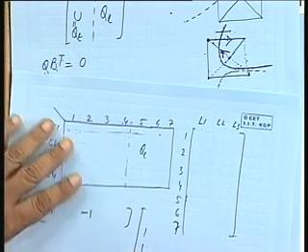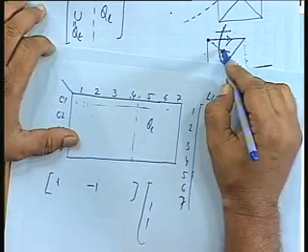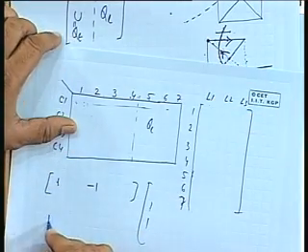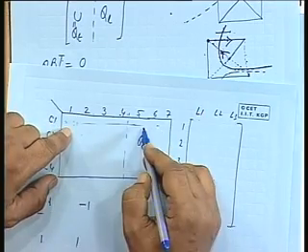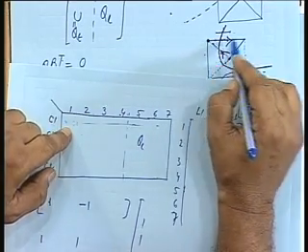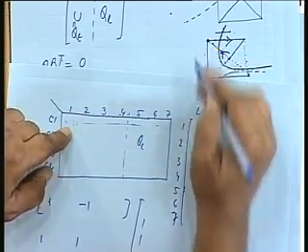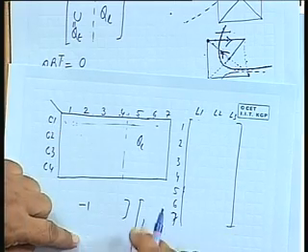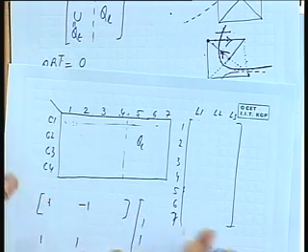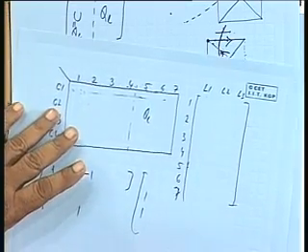This is one possible combination. Had it been in the other direction, say both are plus 1 in the cut set elements, then in the loop one will be plus, the other one will be minus. So it will be 1 and minus 1 here. So if it is 1 1, it will be 1 minus 1 here, again the end product will be 0. Do you get my point?